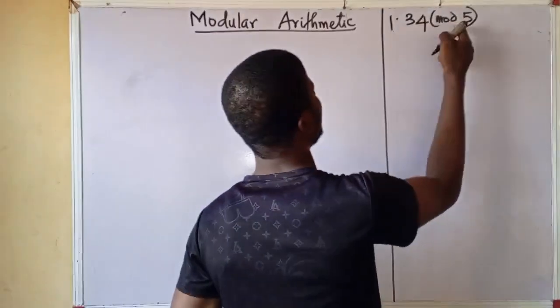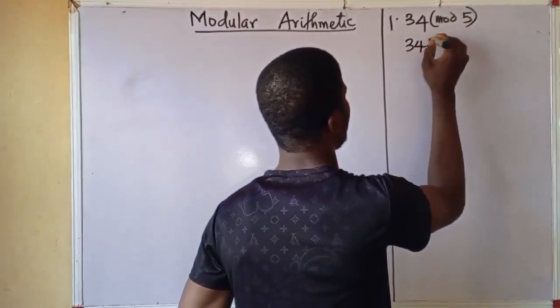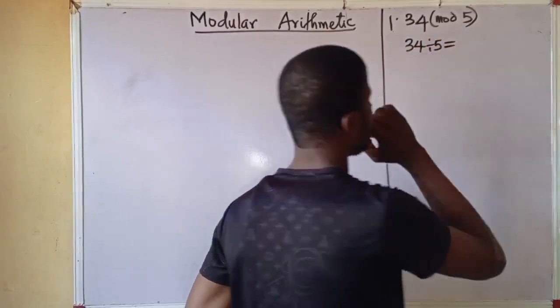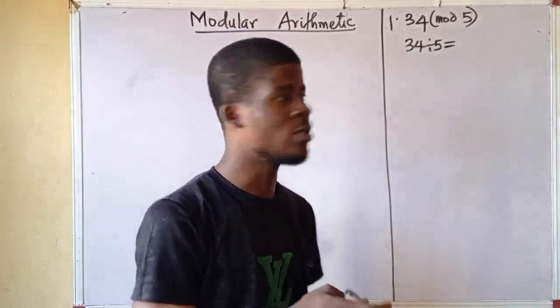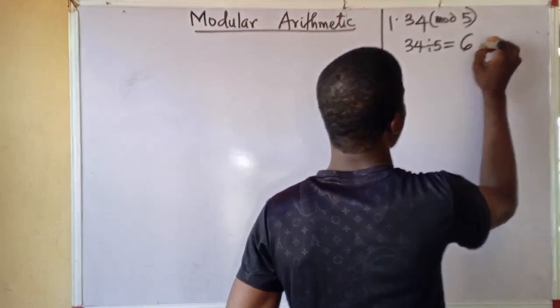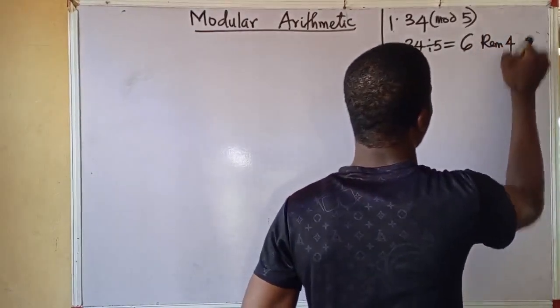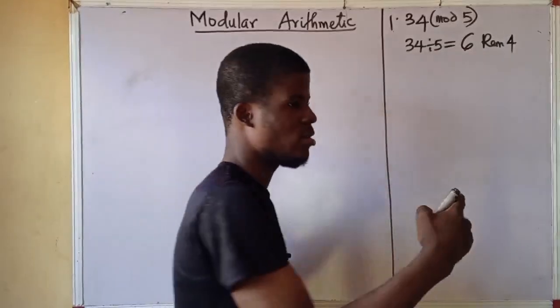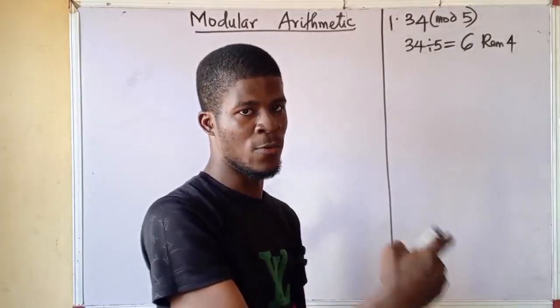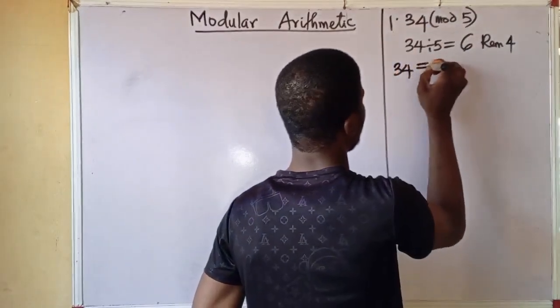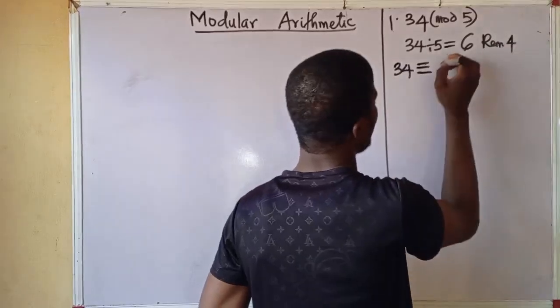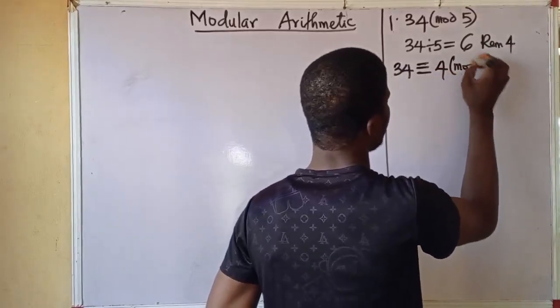If I divide 34 by 5, how many times will 5 divide 34? 5 times 6 is 30. So that will be 6 times, remaining 4. 5 times 6 is 30, plus 4 is 34. It means that 34 is congruent to 4 modulo 5.